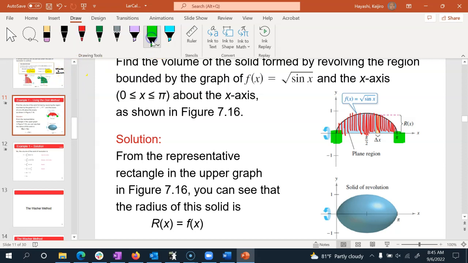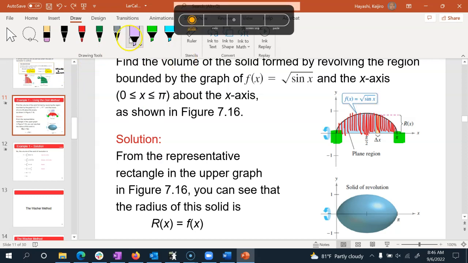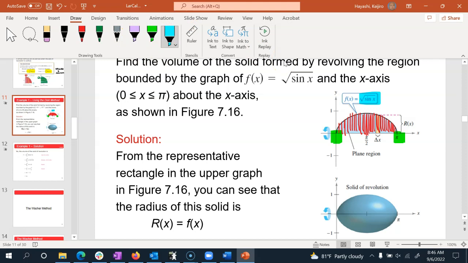The function that describes the radius is right here: the square root of sine of x. And it describes the radius of each of these disks because the height of each rectangle becomes the radius of each little disk.